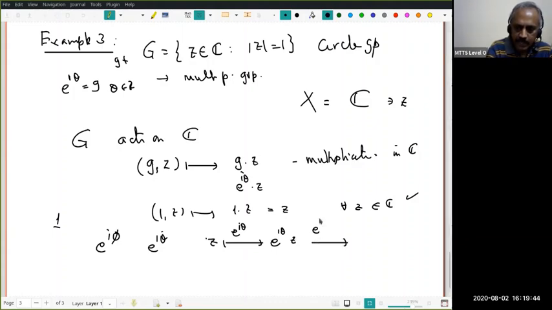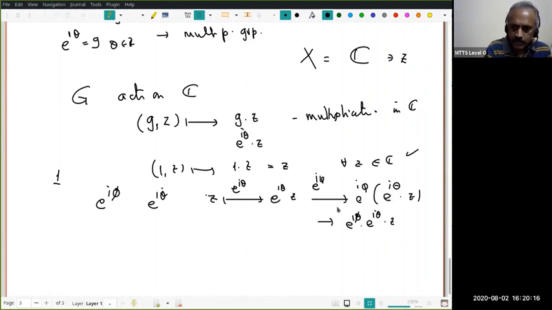Under e power i phi, when it acts on this element, it goes to e power i phi times e power i theta times z. Now remember, e power i phi, e power i theta and z are all complex numbers, and multiplication of complex numbers is associative. Therefore, this is the same as e power i phi times e power i theta, times z.